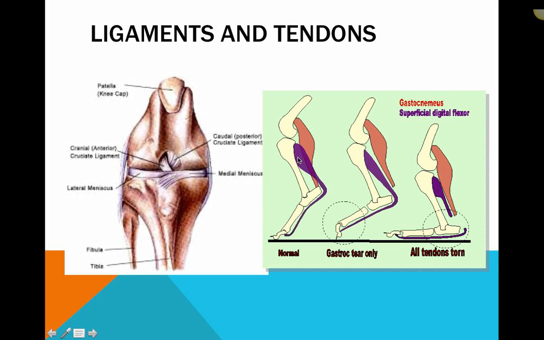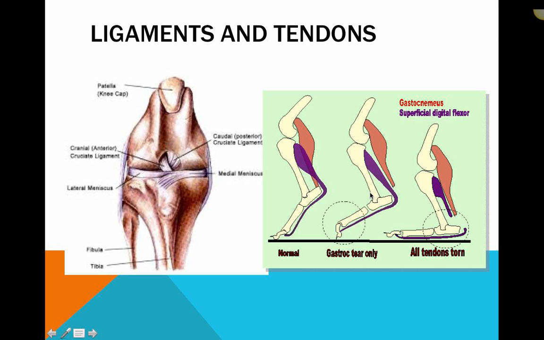The superficial digital flexor, which is really important for movement of the foot, attaches to the tibia, works its way around the hock, and connects down through a tendon at the toes.